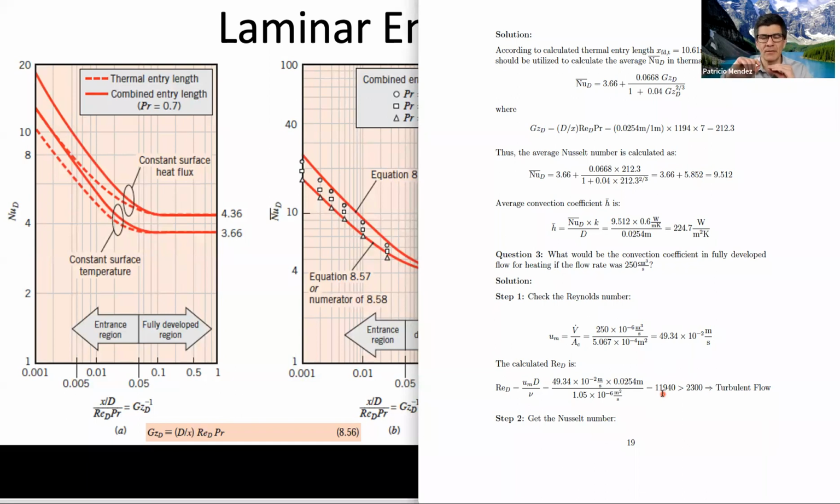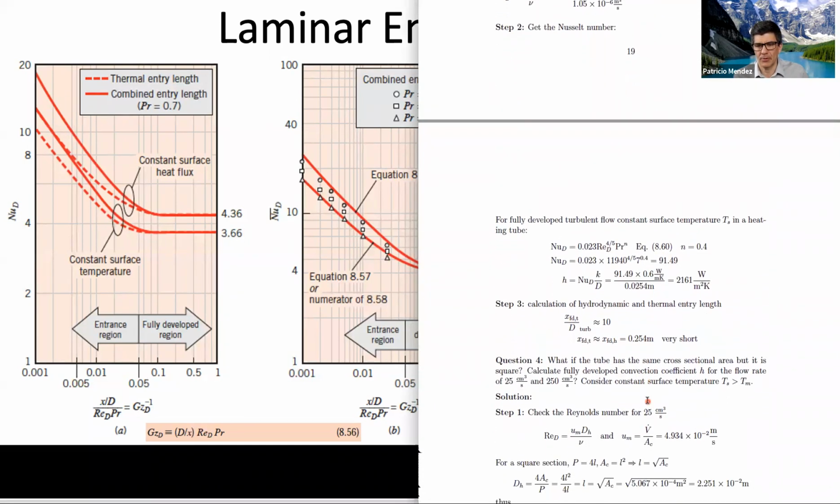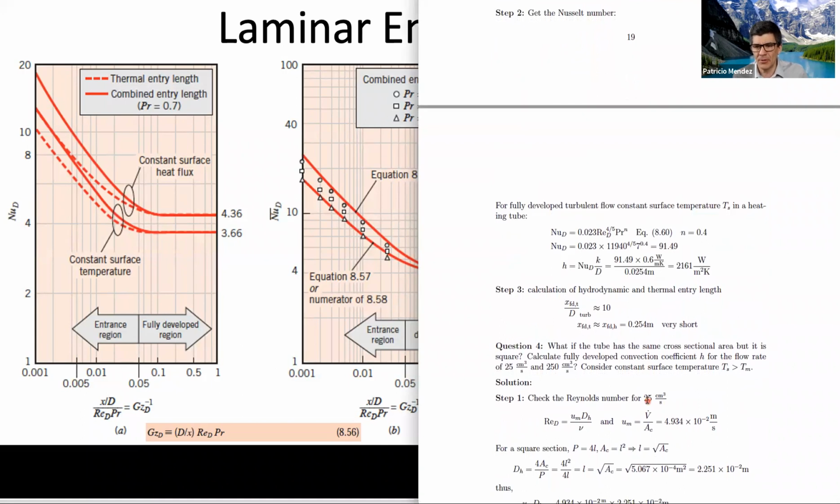But in turbulence, even though the fluid is moving in the direction of the pipe, the turbulence is enhancing the transverse heat transfer with those little turbulent motions, with that advection. So we're in turbulent flow, and we're going to get the Nusselt number. How do we get the Nusselt number? Let's use the Dittus-Boelter equation.